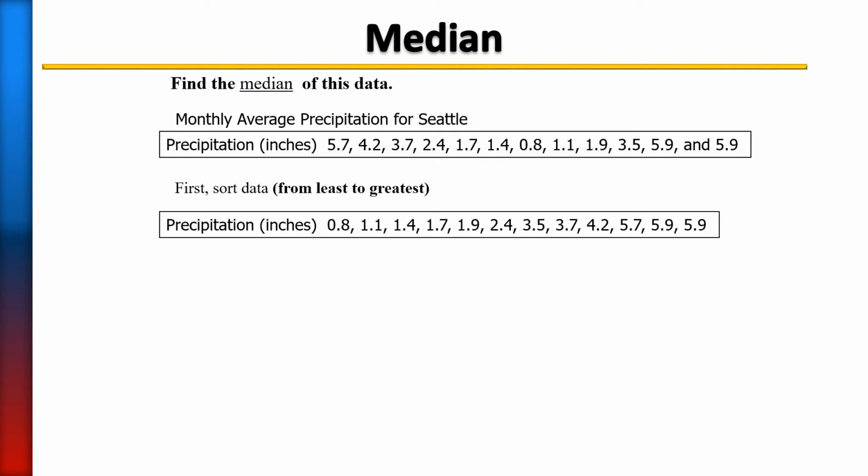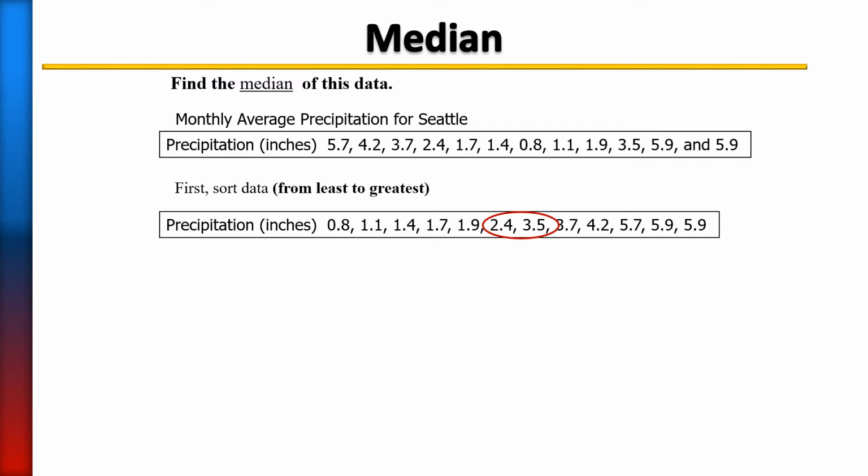1, 2, 3, 4, 5, 6, 7, 8, 9, 10, 11, 12. 12 is an even number, which means that there are 2 numbers in the middle. And those 2 numbers are 2.4 and 3.5. So to find the median of my data, I have to find the average of those 2 numbers.